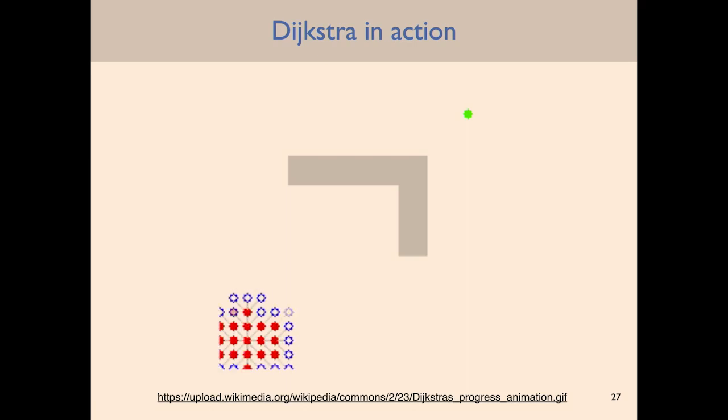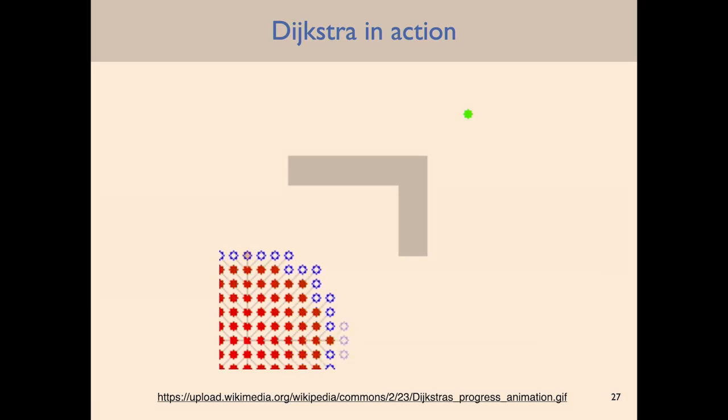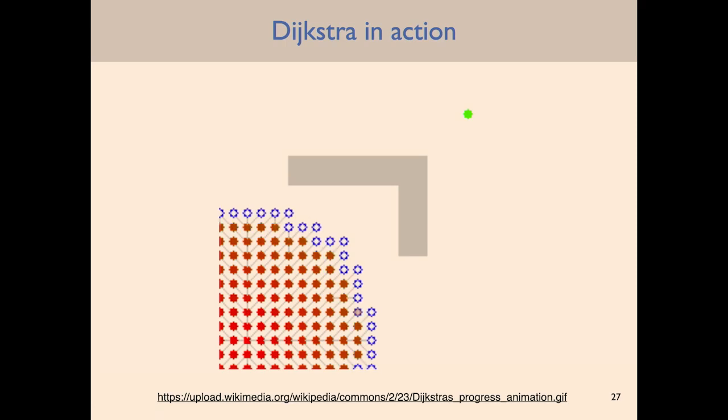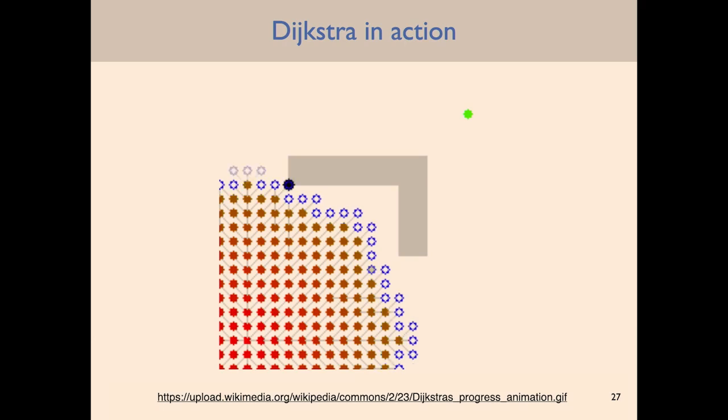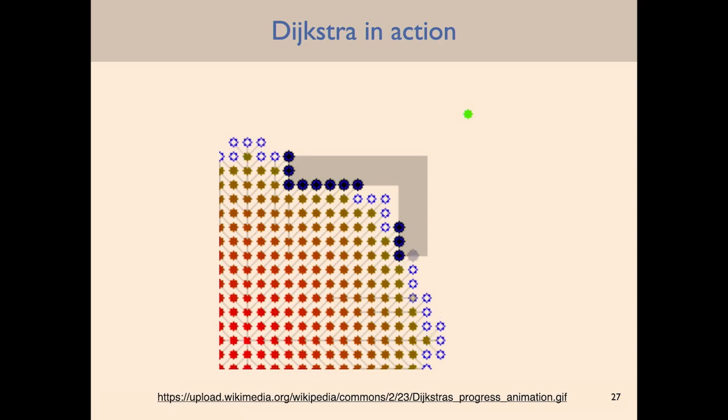This video is showing how Dijkstra's algorithm explores the space. I think the cost here is just distance, so each vertex has a cost of 1, I believe. And you're also allowed to go diagonally here, I think.